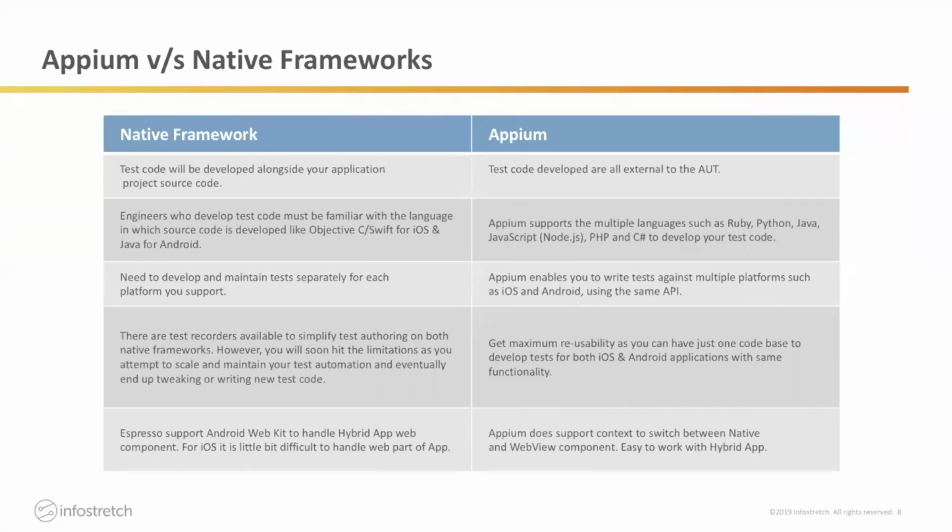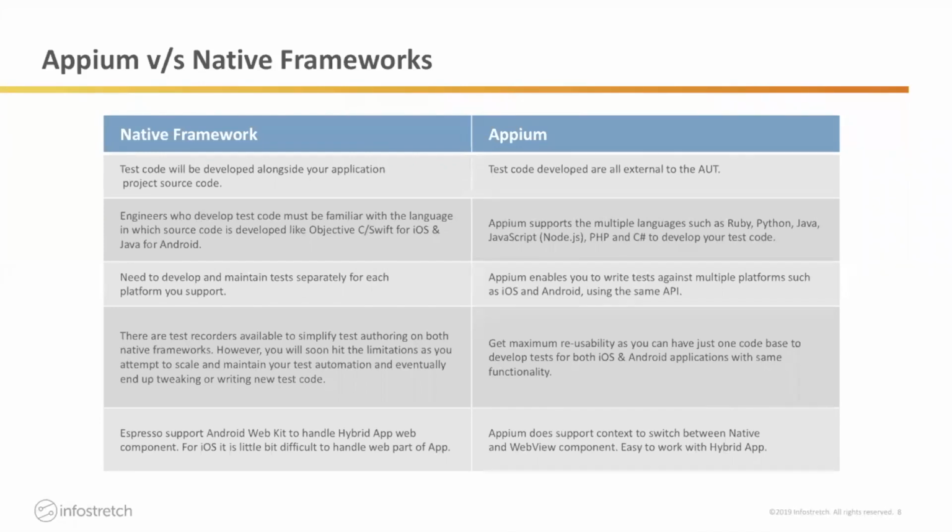This means you will need access to the source code to develop your test code. Engineers who develop test code must be familiar with the languages in which the source code is developed. For example, Objective-C or Swift for iOS, and Java for Android. With native frameworks, you need to develop and maintain tests separately for each platform you support.